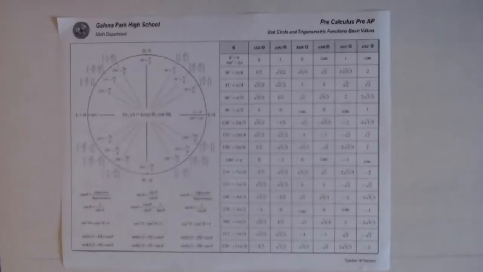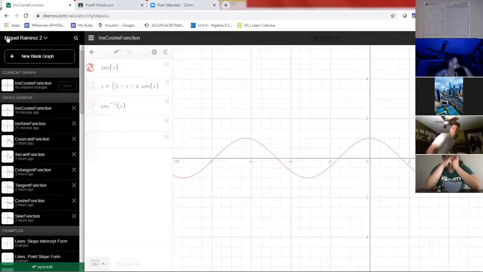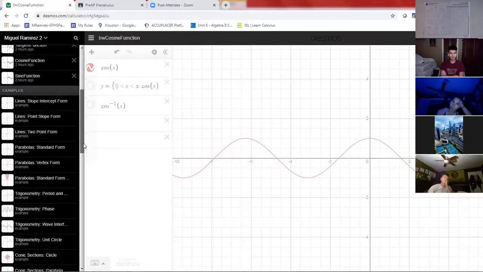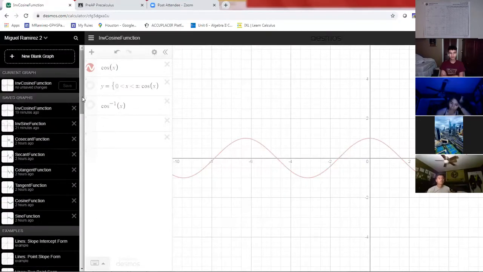You can see here Desmos, right? Now let me go back and look for the functions I saved. Okay, secant function, sine function, right here.